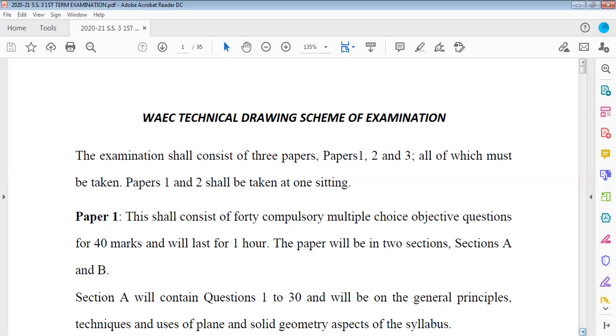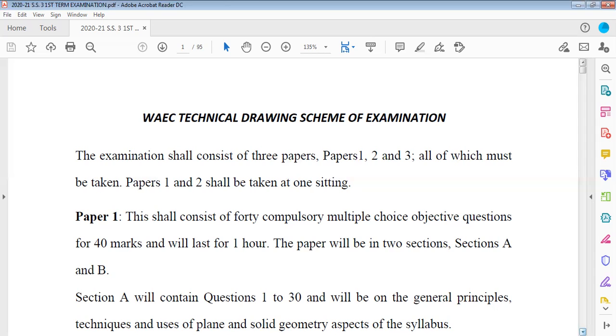Now, paper 1 consists of 40 compulsory multiple choice objective questions, and each question carries 1 mark, and you have to spend 1 hour on that paper.